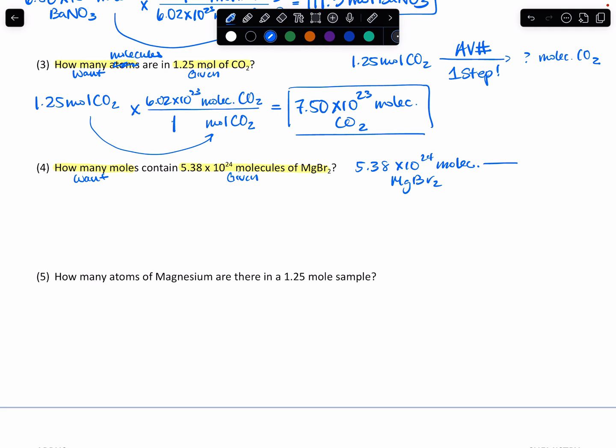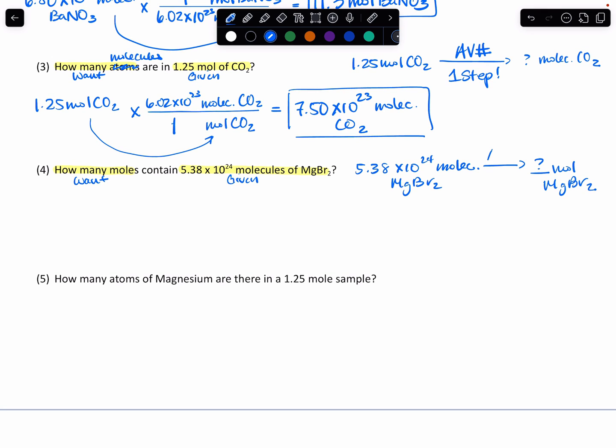I'll run out of room, is how many moles of MgBr2? All right, again, same substance. I'm going to the mole. I'm going to use Avogadro's number again here, and it should be a one-step problem. All right, now tomorrow or the next day in class, we'll be talking about some two-step problems, but we're going to start with one steps to begin with.